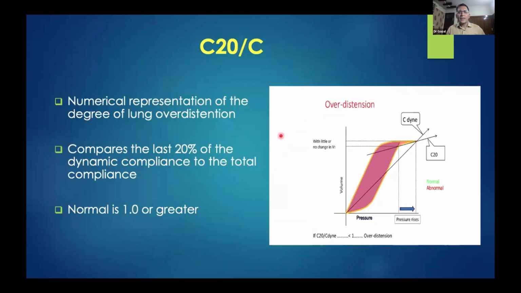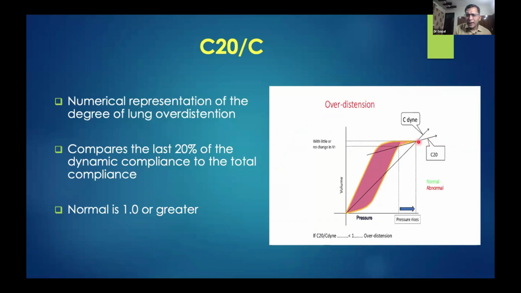And there's something called C20 by C. Most of the machines will show you what C20 by C is. C20 by C is the ratio of compliance in the last 20% of the loop compared to the compliance of the whole loop. What does that mean?